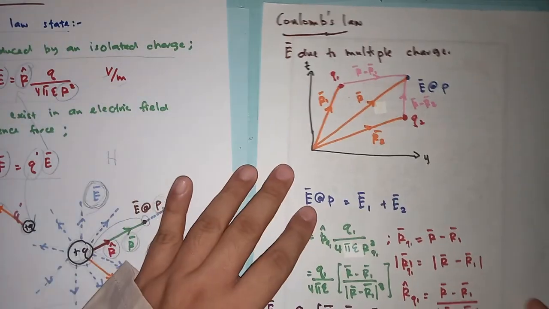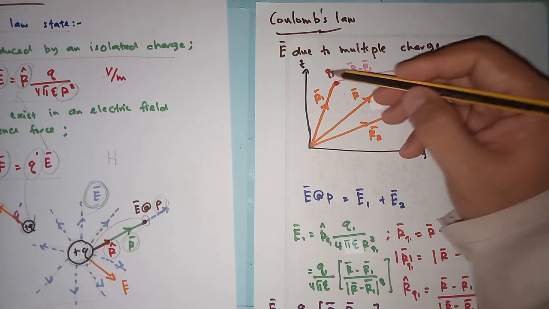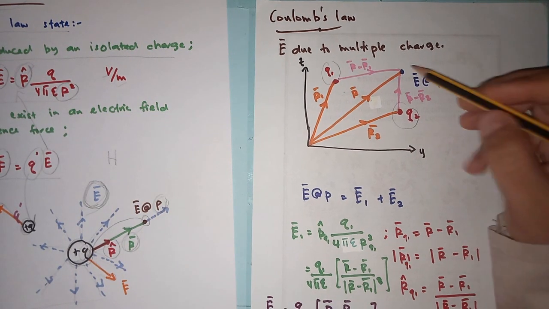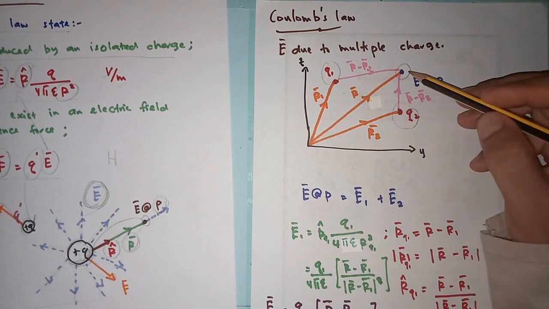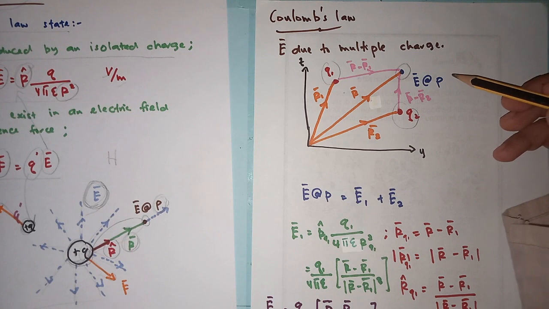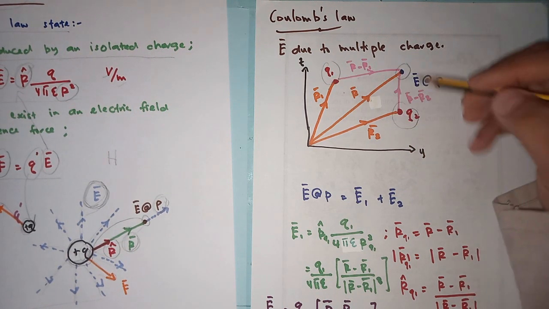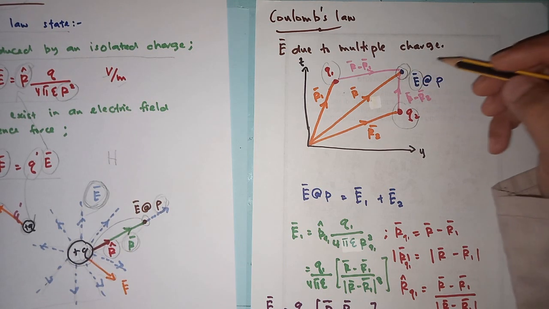However, let's say we have more than one charge, or let's say we have two charges, and we need to calculate the value of the electric field produced by both charges at this location. In this case, we have two charges, so we will have two different components of electric field produced at this point.